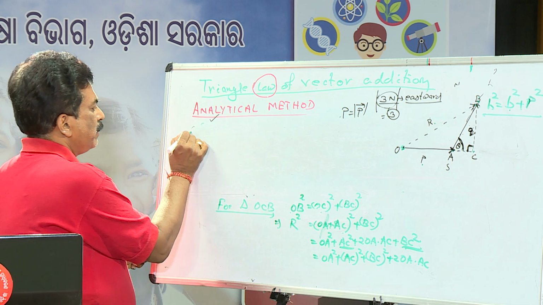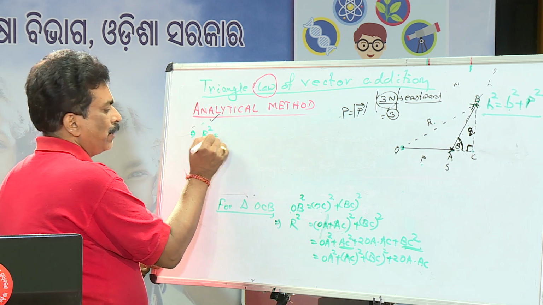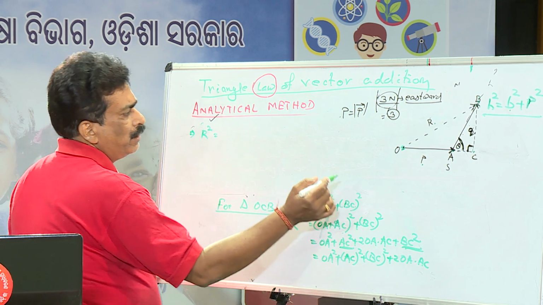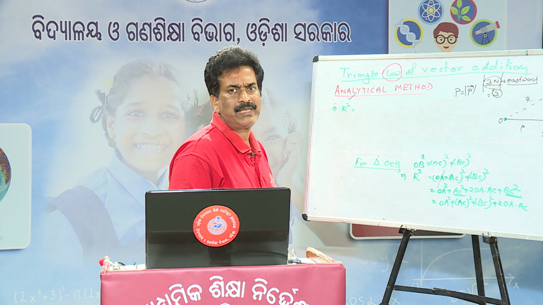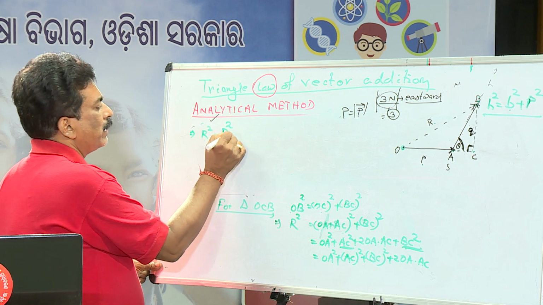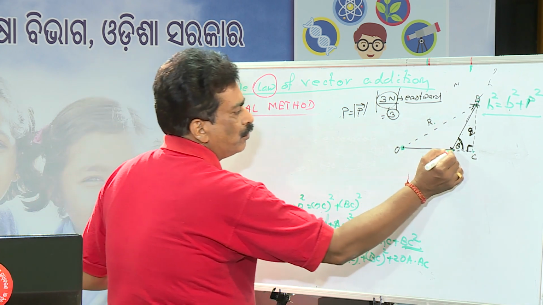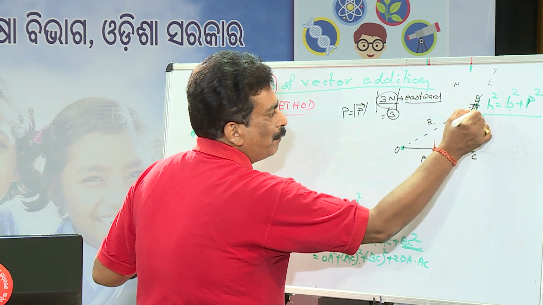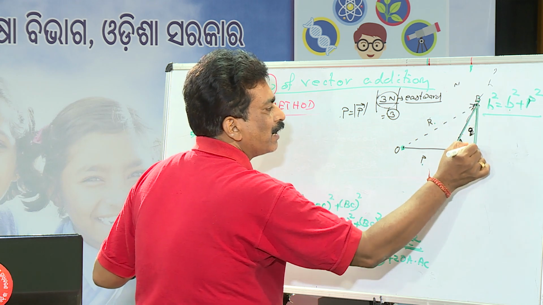So this implies R square is equal to OA square, and OA is P. So OA square is P square, plus AC square plus BC square. Look, AC square plus BC square: this is not another right angle triangle.